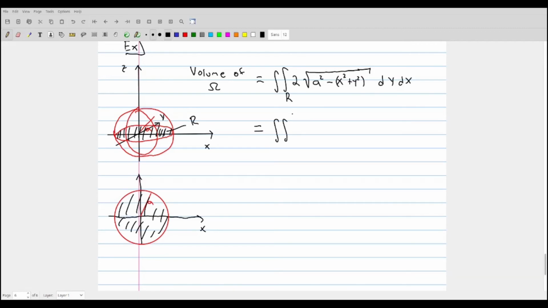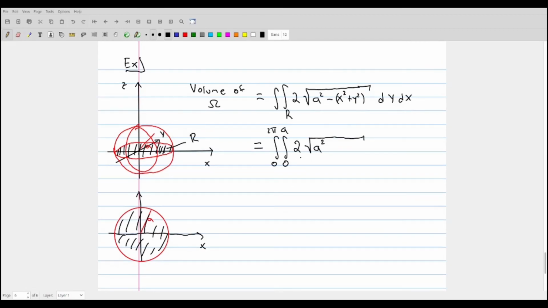Our bound for theta is going to go from 0 to 2 pi. And our bound for r is going to go from 0 to a. And then we have to update our function here to be in polar coordinates. So this will be 2 times the square root of a squared minus, then we have to think about what x squared plus y squared is in polar coordinates.